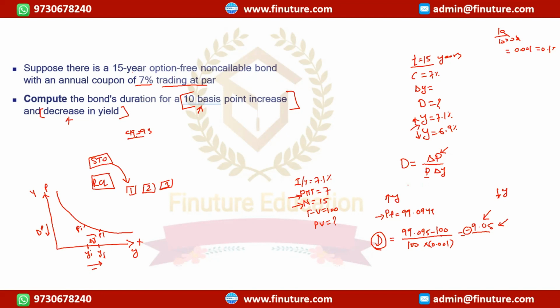So this was with an increase in yield. Would you like to try with 6.9, or will you take it as homework? Let me try it. Already I've done it, so it's in the memory, right? Can I just overwrite just the yield and keep the others?